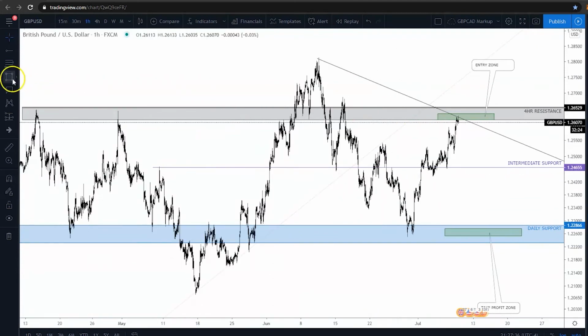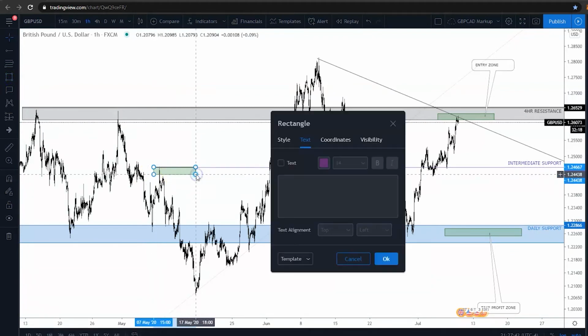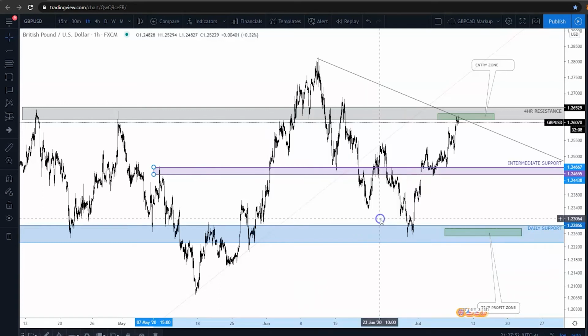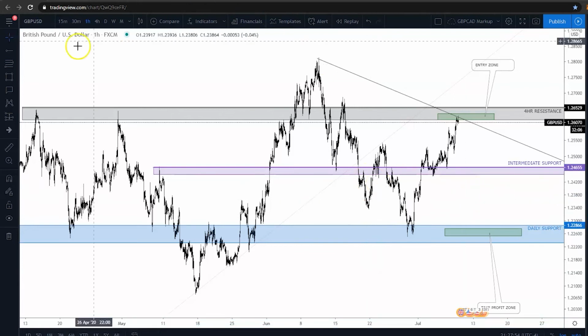And so I'm going to draw a zone here. I'm just going from the top of the wick to the top of the body of the candle. And I'm going to label this intermediate zone. I go to coordinates and I extend my price bar to take it all the way across.